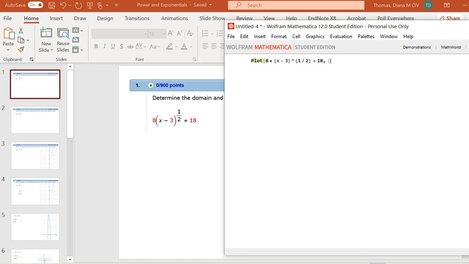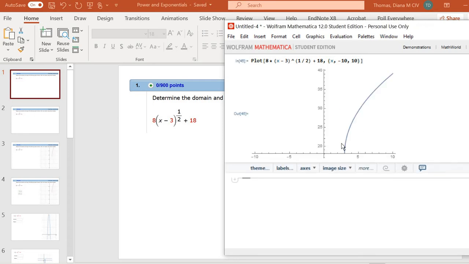And then you have to give x a range. So that's different than Desmos. You type x, and I would recommend always starting with minus. If you can't see the full picture, I'd start with minus 100 to 100, but start with just minus 10 to 10 and see what happens. And then close the bracket, shift, enter.